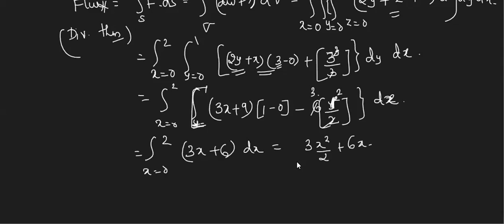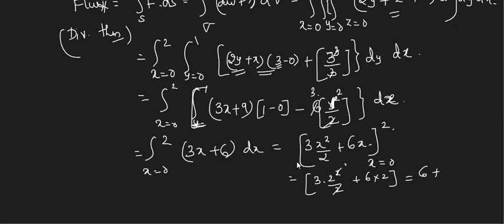You can put your number in the chat box. x is varying from 0 to 2. Check the answer. 2 1s are 2, 3 2s are 6, 6 plus 6 2s are 12. No, the answer is actually 30. Where did I miss it?